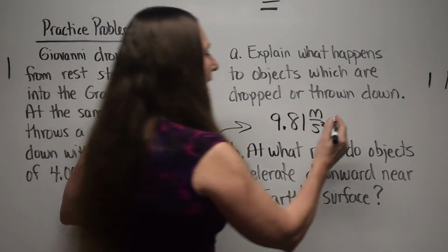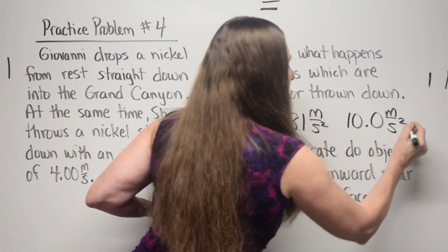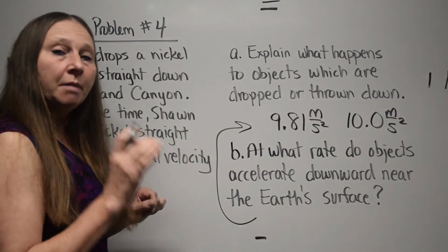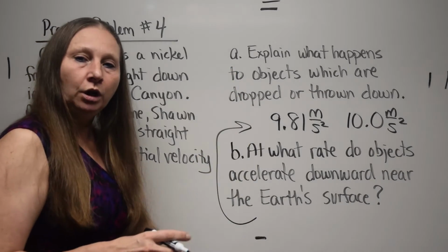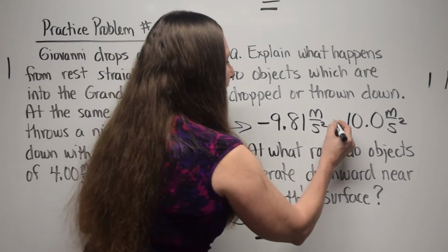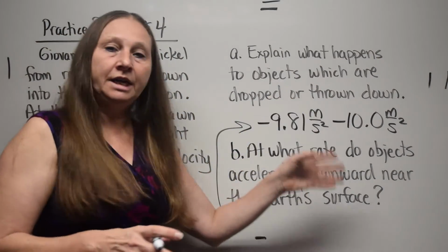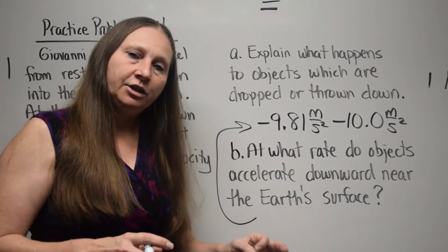Now, I'm going to round that up to 10 meters per second squared. And I'm also going to remind you that the Earth is pulling the objects downward, so this is a negative acceleration. Whether you use 9.8 or 10, this is a negative acceleration.